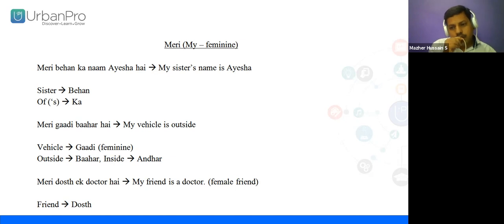So one way of identifying the female gender of objects is, for example, when the word ends with the ee sound. I repeat, I'm talking about the ending sound.